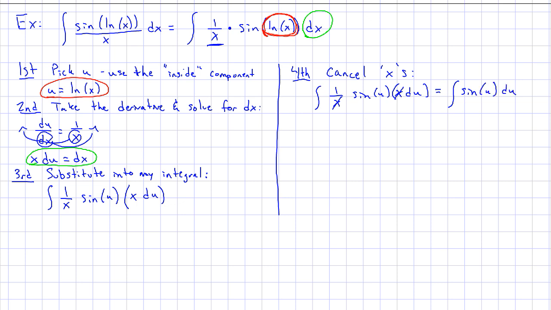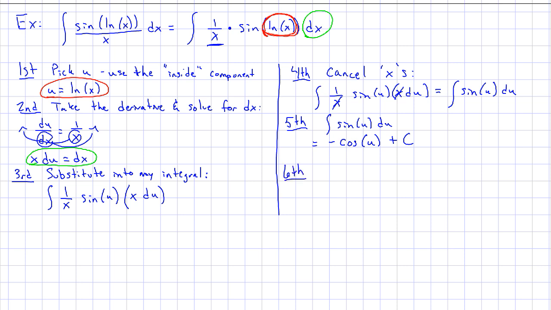I now have a simpler integrand that does not contain any x's, and I can easily integrate because it's one of my basic integrals that I know the answer to. So the antiderivative of sine of u du is negative cosine of u plus c.